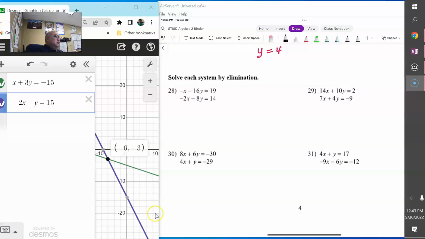Okay, 28, we're going to use elimination to solve this. What I would do with the first equation, I want to eliminate the x, I would multiply times negative 2. So that would be 2x plus 32y equals 19 times negative 2, that's negative 38.